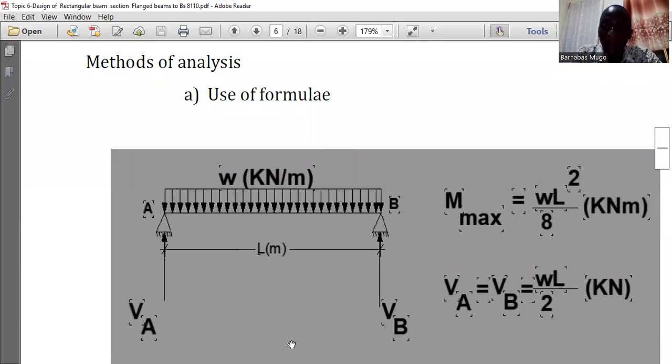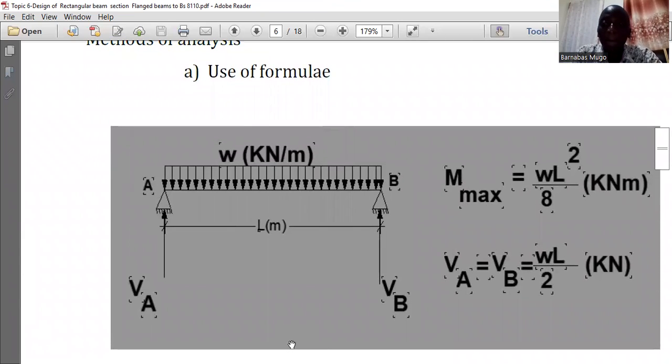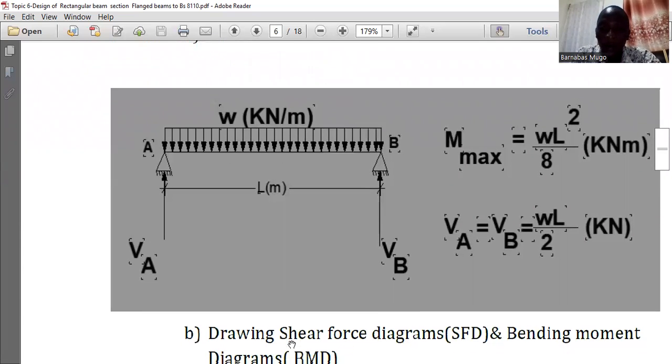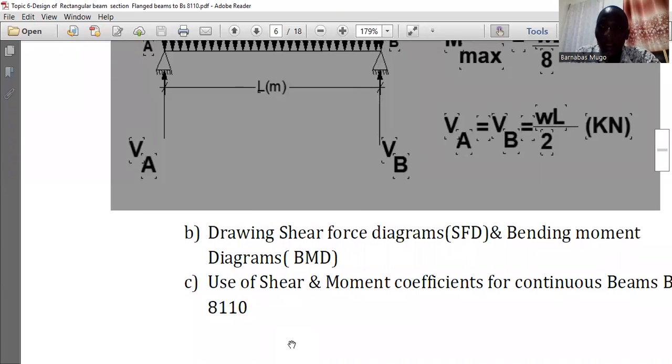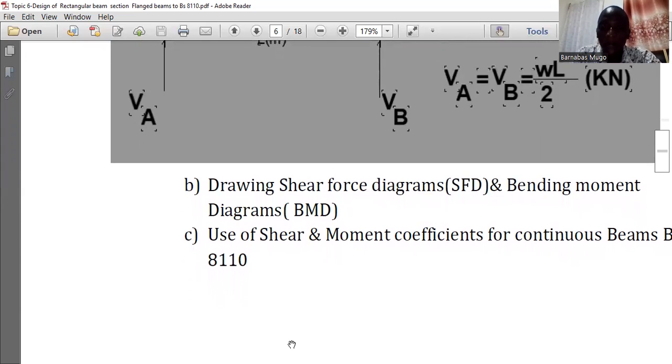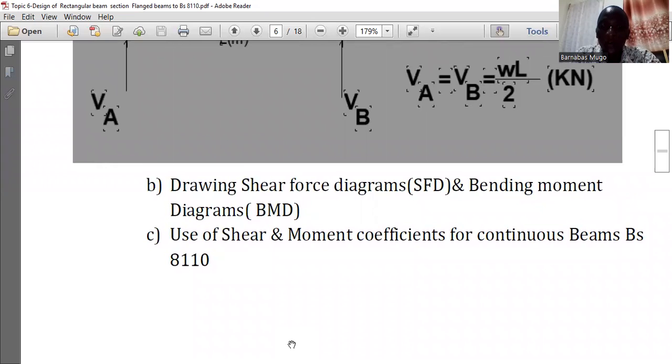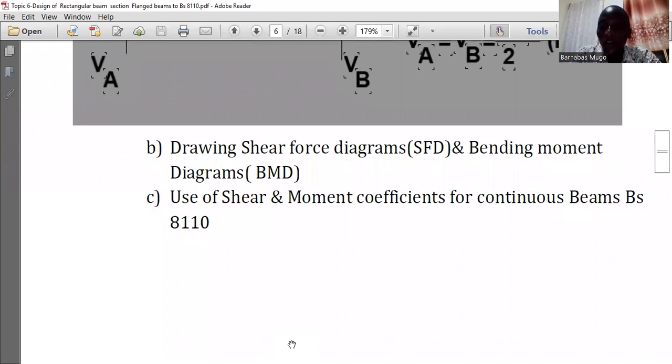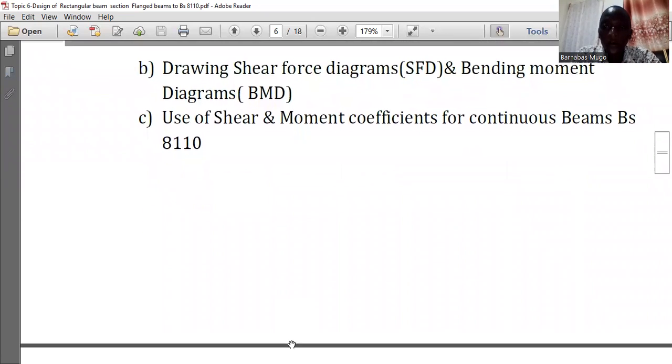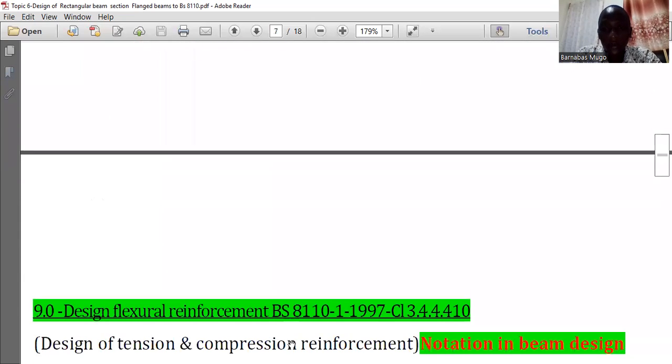If it's a simply supported beam, as you can see from here, the maximum moment is WL squared over 8 kilonewton meter, while the shear force VA and VB is WL divided by 2. Then I said that you need to come up with the shear force diagram and the bending moment diagram. And then you need to use the shear and the bending moment coefficients in order to determine the continuity of that beam.